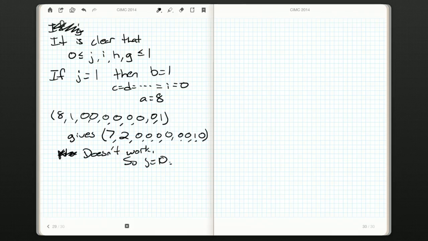So we know for a fact now that j will have to be 0. So these ones, it's steadily going, so now we're on to what if I equals 1.